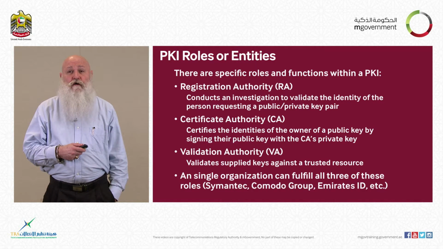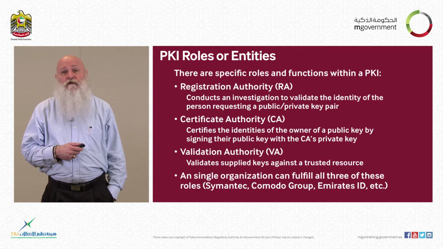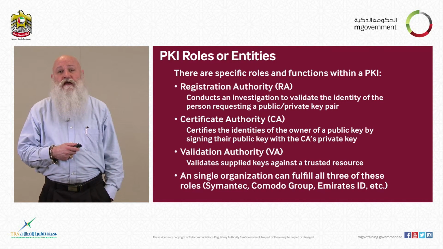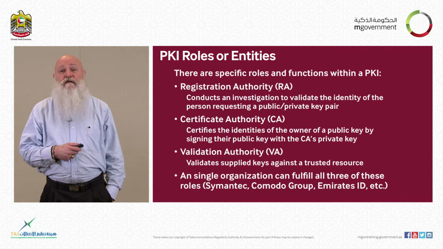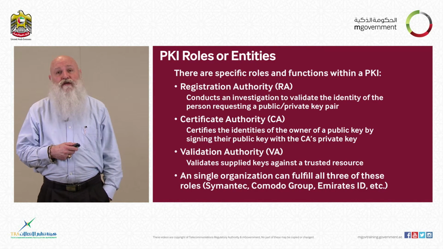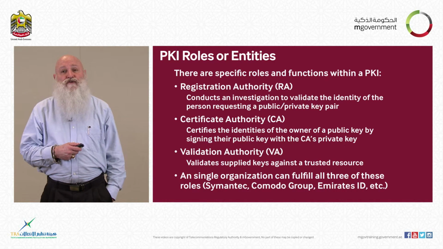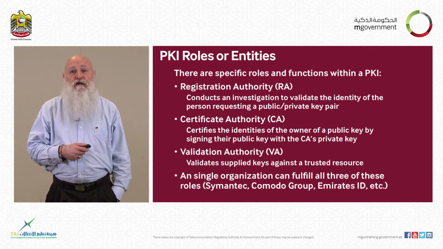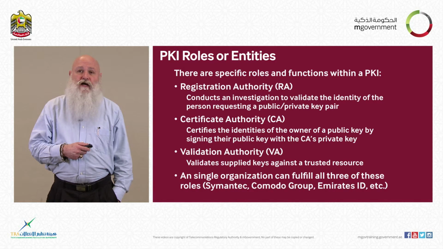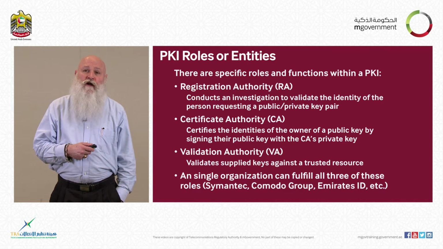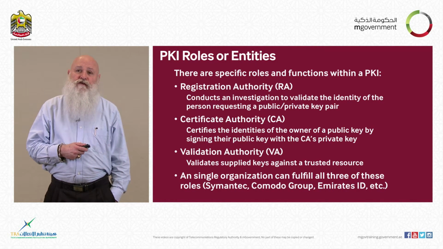The certificate authority signs certificate requests with his private key, so those certificates can be validated by the certificate authority's public key. A signed digital certificate request becomes a digital certificate.